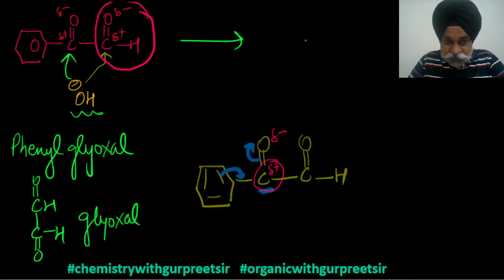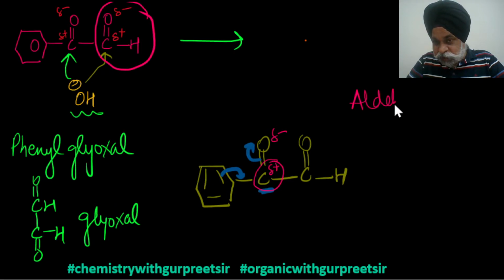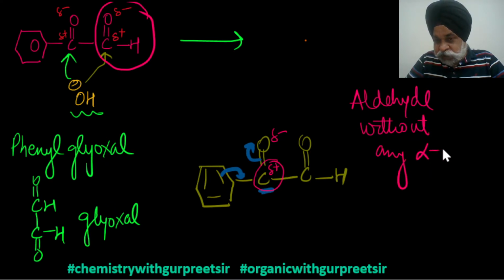Now, as a matter of fact, you also should know that when you have any aldehyde or ketone, aldehyde without any alpha hydrogen atom is a very excellent substrate to bring about the Cannizzaro reaction.